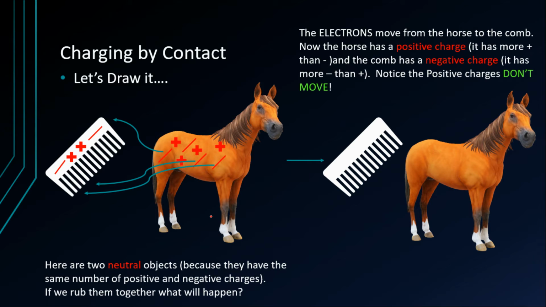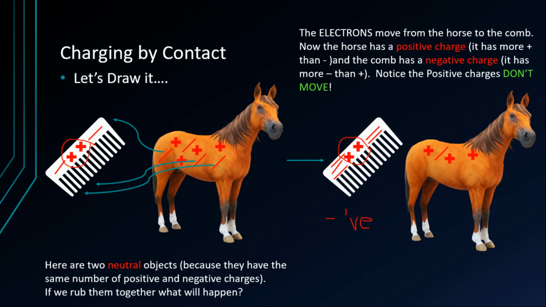Notice that the positive charges don't move. Okay, so now see we had 2 positive charges originally. Now here's our originally 2 positive charges, still have 2 positive charges. Okay. Notice how we had 2 negatives. Now we have 5 negatives. So this has a negative charge.